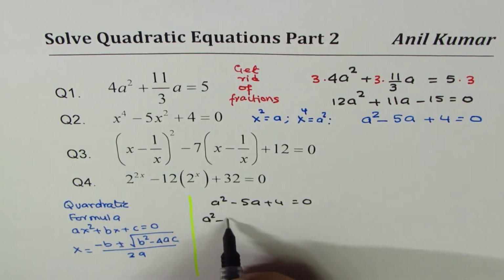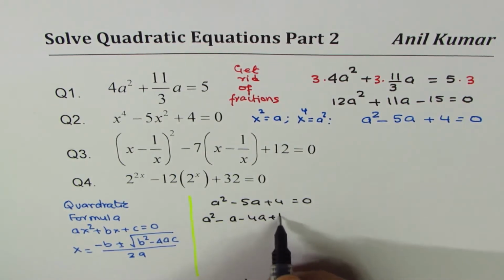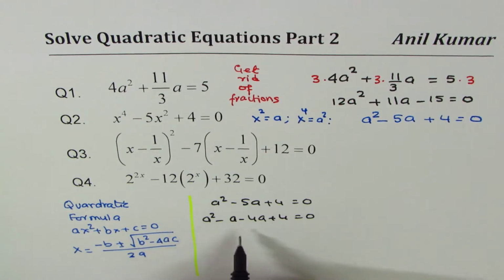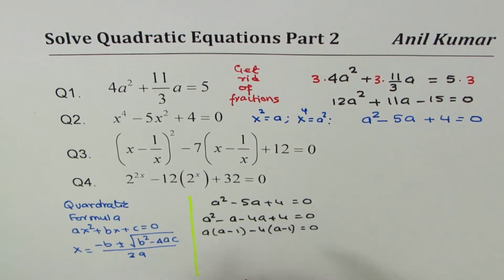That could be minus a minus 4a, right? That gives you minus 5a equals to 0. And then you can factor out, so get a times (a minus 1), take minus 4 common, a minus 1 equals to 0. And then what you get is a minus 1 times a minus 4 equals to 0. Now when you factor, each factor can be equated to 0. So we get a equals to 1 as one solution and a equals to 4 as the other solution.